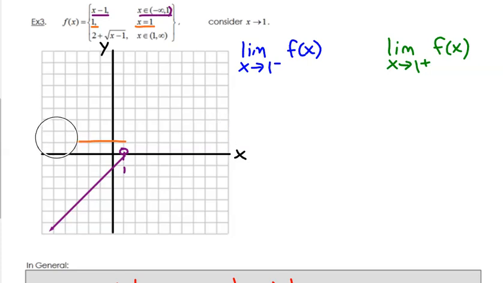Let's get rid of that. We'll also get rid of all of this. And that's it. You have a point right there at (1, 1). All right, so that function actually is only one coordinate. And it's a closed dot because they actually said it equals 1.